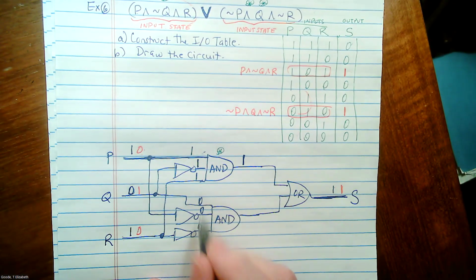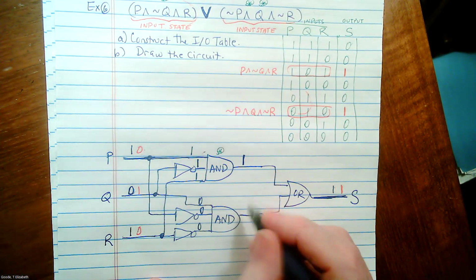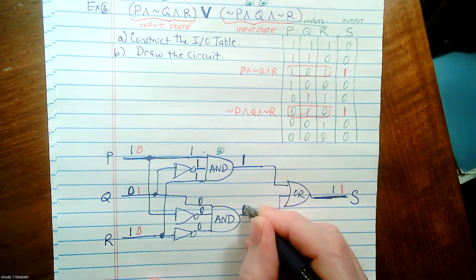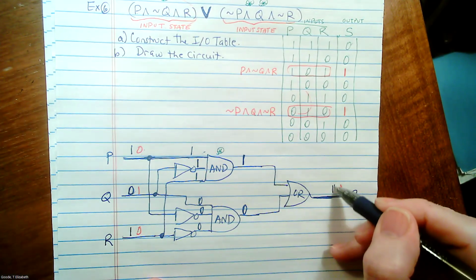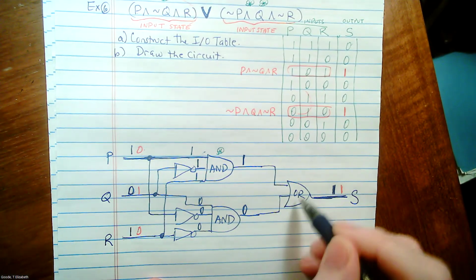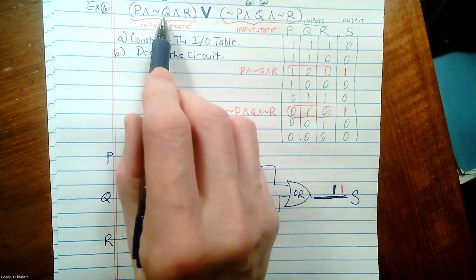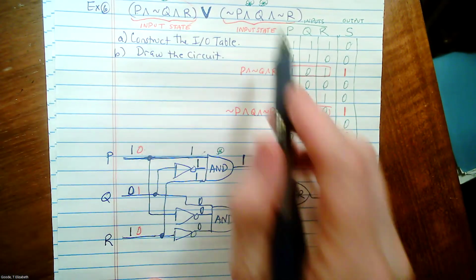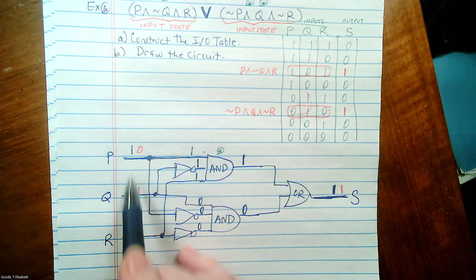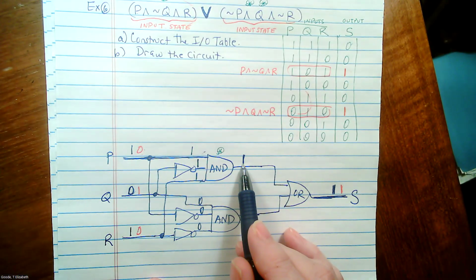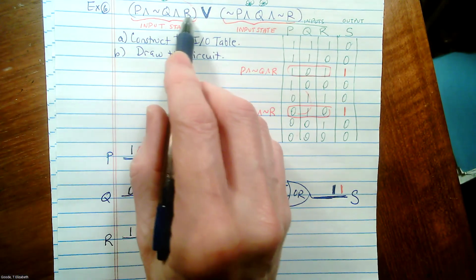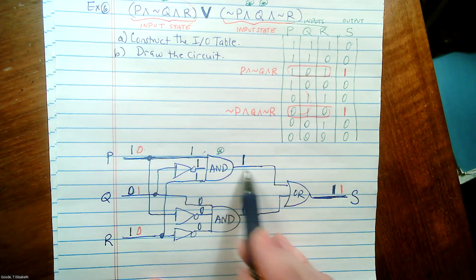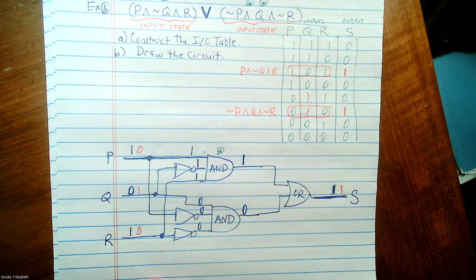It just happens that they're all 0s because of the way that I constructed it. And this is a 0. But we still get a hot output here because it's an OR at the end of the day. If this happens, or that, and in this blue case, P and not Q and R yielded a 1, that makes a hot output.